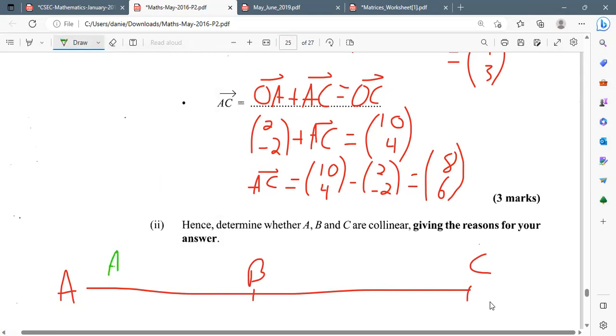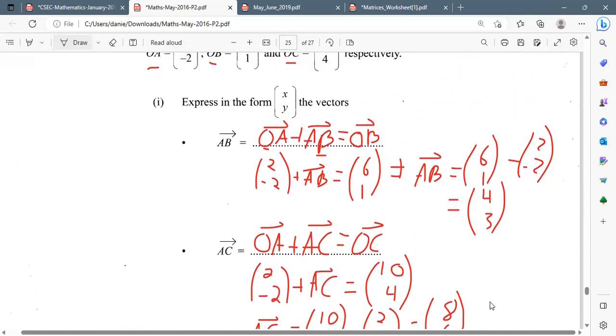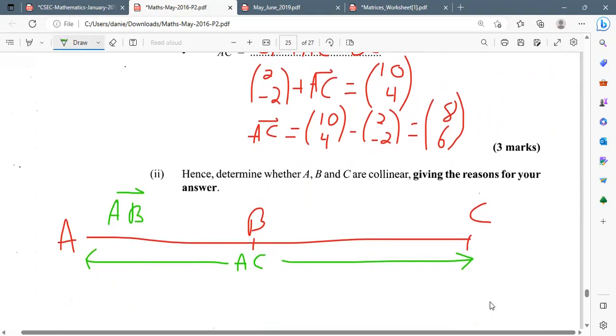We have AB, and we also have A to C, which is the whole distance. If we could show that one is a scalar multiple of the other, then they will be collinear. Where's AB? AB is (4, 3). And AC was the whole thing, which is (8, 6).